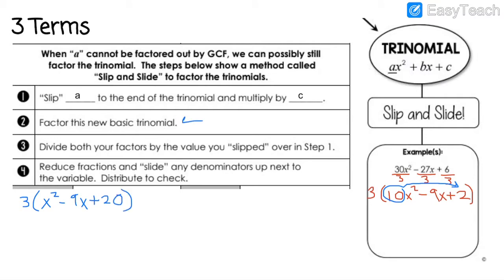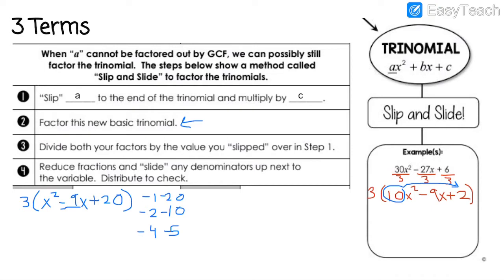All right, we're now going to factor this just like we did when we had a normal trinomial. So what multiplies to c and adds to b? So my factors of 20 are 1 and 20, 2 and 10, and 4 and 5. And since that's a positive 20, but over here we have a negative 9, that means my terms have to be negative.